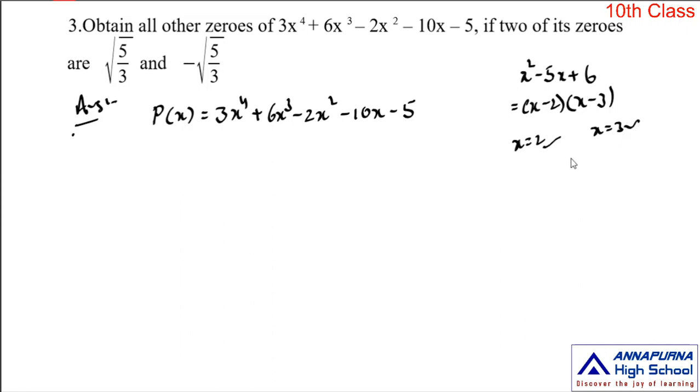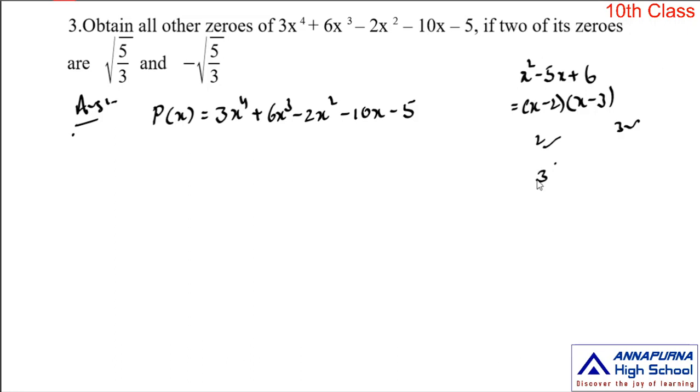So 3 is another zero. That means the zeros of this quadratic polynomial are 2 and 3.